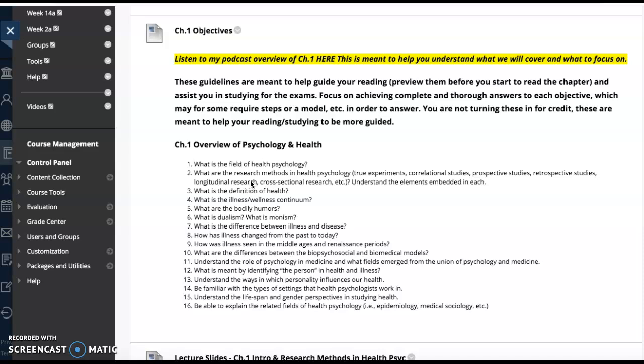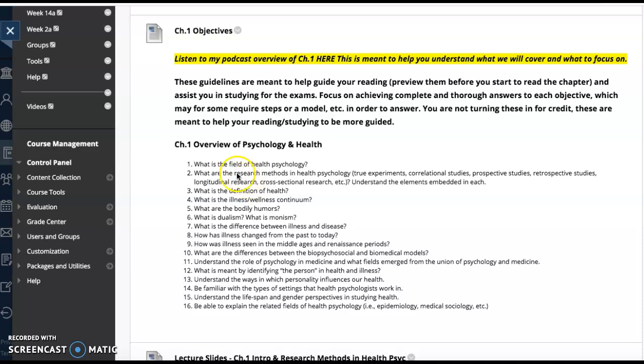Running studies might be done differently depending upon the aims of the discipline and what a researcher is wanting to know. So in the research methods, the book covers true experiments, experimental studies, correlational studies, as well as prospective and retrospective studies, so looking back or looking forward in time.